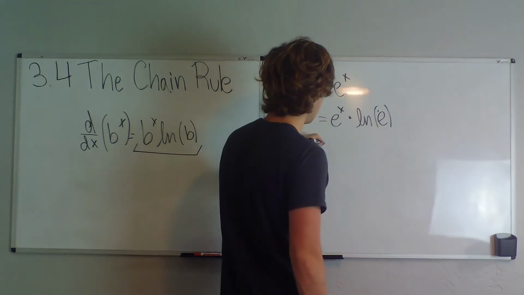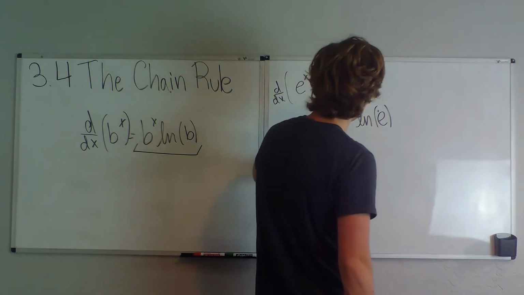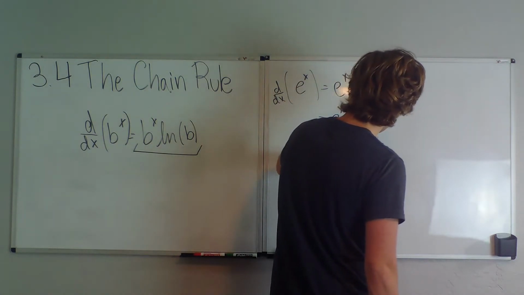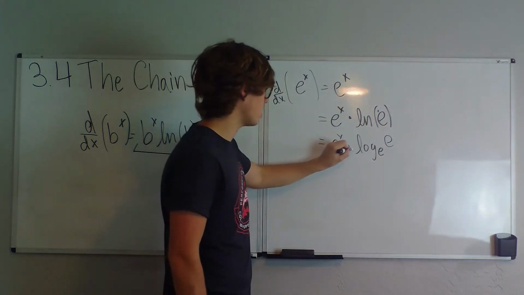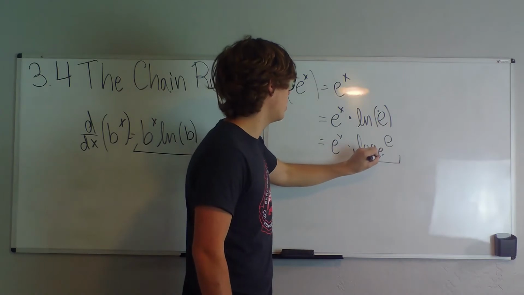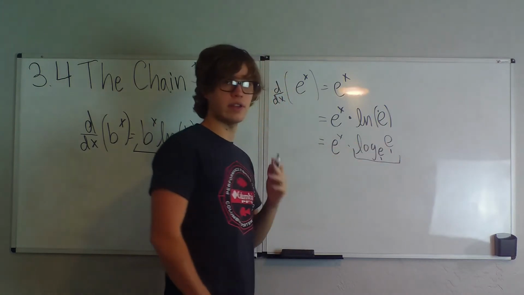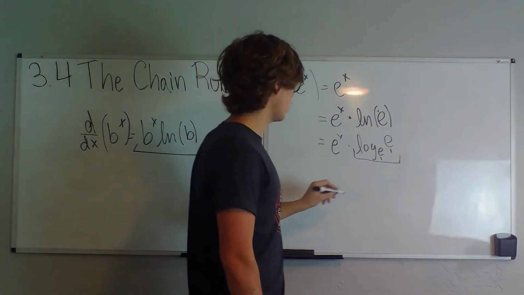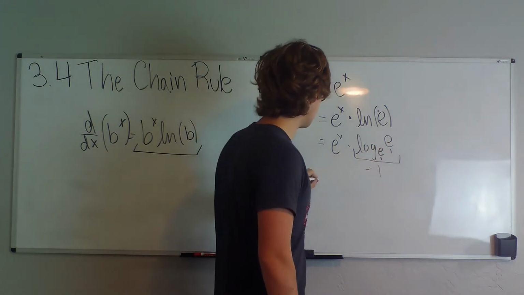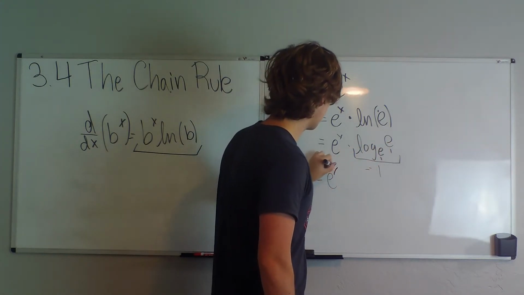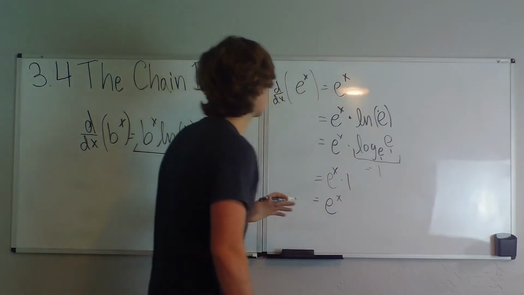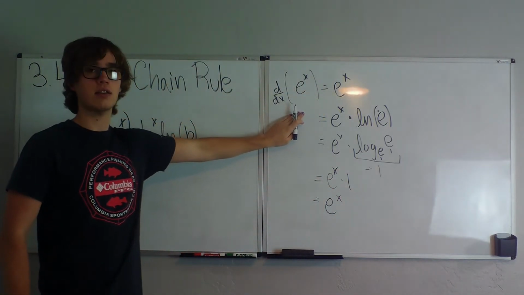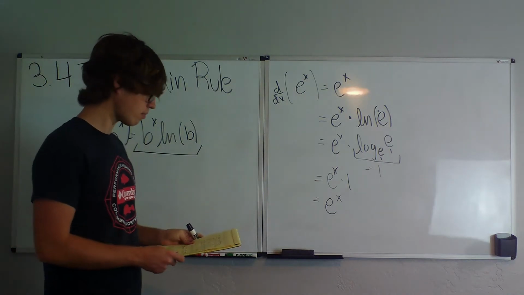Well, what is ln of e? That is log base e of e, right? And when this number and this number are the same, we get that that equals 1. So then we just get e to the x times 1, which is just e to the x. And that is why the derivative of e to the x is just e to the x.